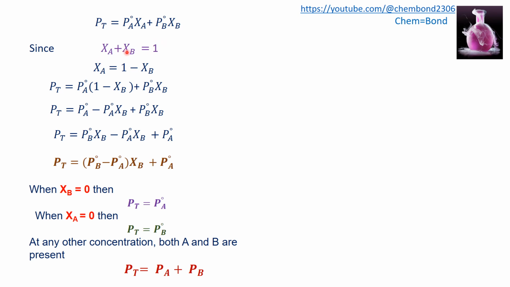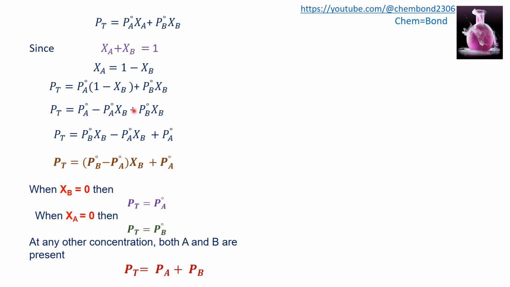Shifting XB to the other side, XA is equal to 1 minus the mole fraction of component B. Now putting the value of XA into this equation, PT is equal to P naught A (1 minus XB) plus P naught B XB. Multiplying, we get P naught A minus P naught A XB plus P naught B XB.